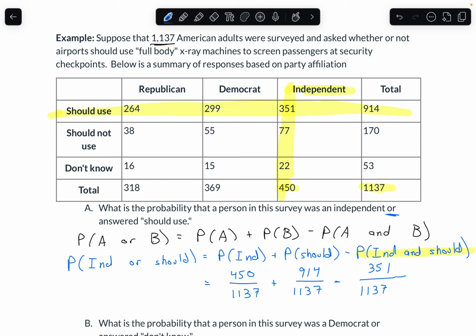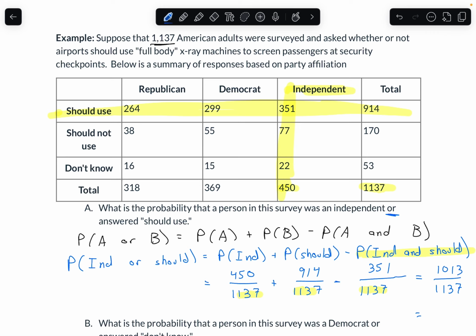So at this point, I've got everything I need. I can just go ahead and add and subtract my numerators. I already have a common denominator, 1,137 for each one, so that part doesn't really matter. 450 plus 914 minus 351 gives me 1,013 divided by 1,137.